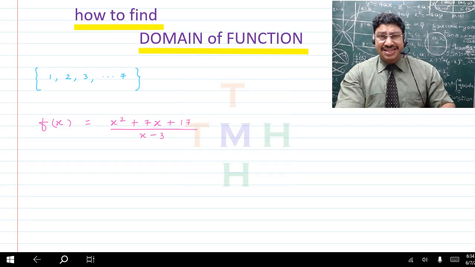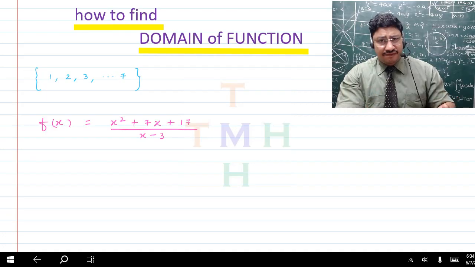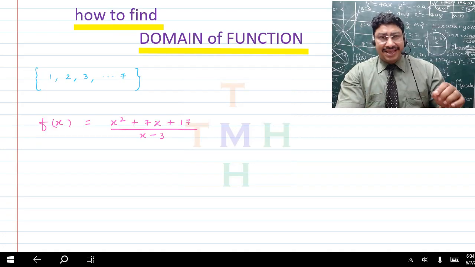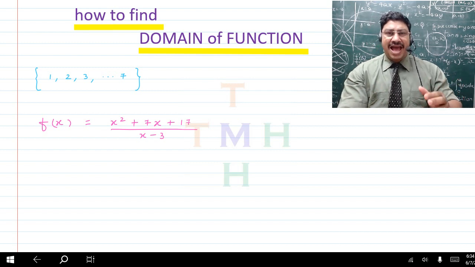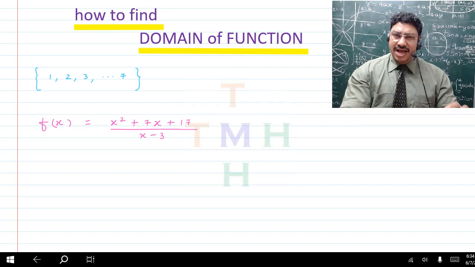Now as you see, this is a rational function, that means there is some algebraic expression in the numerator and some algebraic expression in the denominator, and it is very much possible that you will get the answers in fractions.